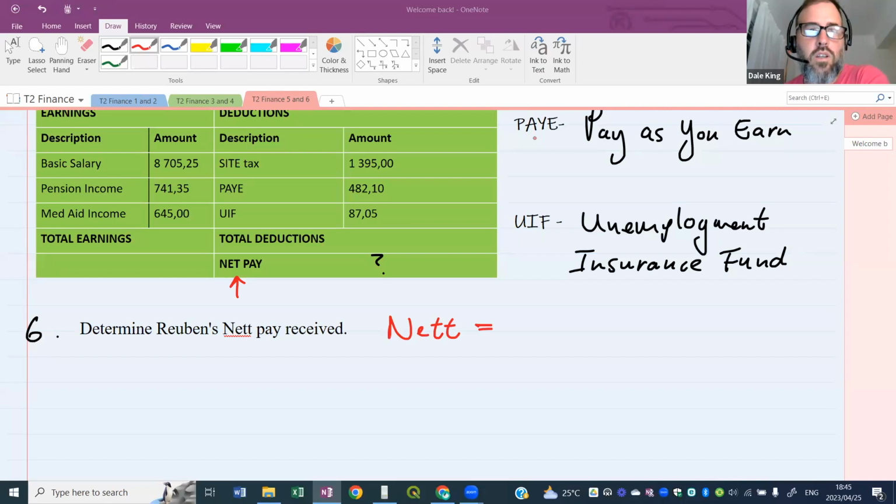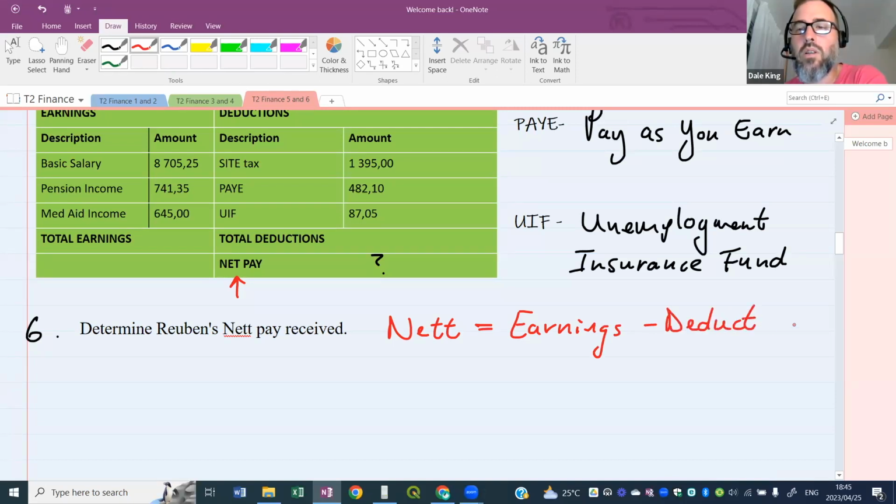So the first thing you need to do is work out your earnings, all of them together, and take away your deductions. That's why they're called deductions, because we need to deduct from our earnings. So we need all our earnings, then we need all our deductions, and we need to subtract those two values from each other.